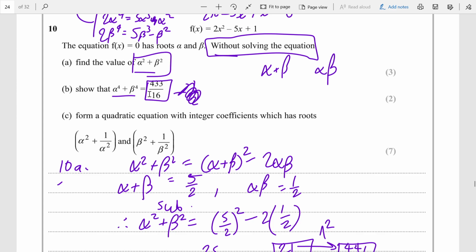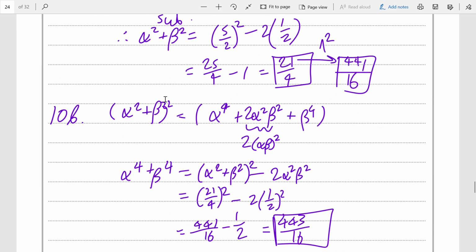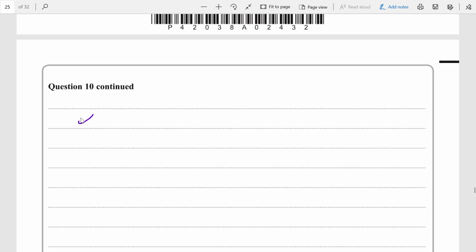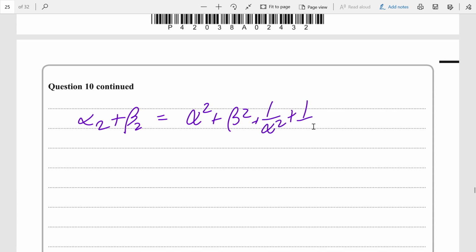I feel like this identity is going to come into play somewhere, but we'll just see. So alpha 2 plus beta 2 is equal to alpha squared plus beta squared plus 1 over alpha squared plus 1 over beta squared. Alright, so we know what this is, but do we know what this is? Let's try and find out.